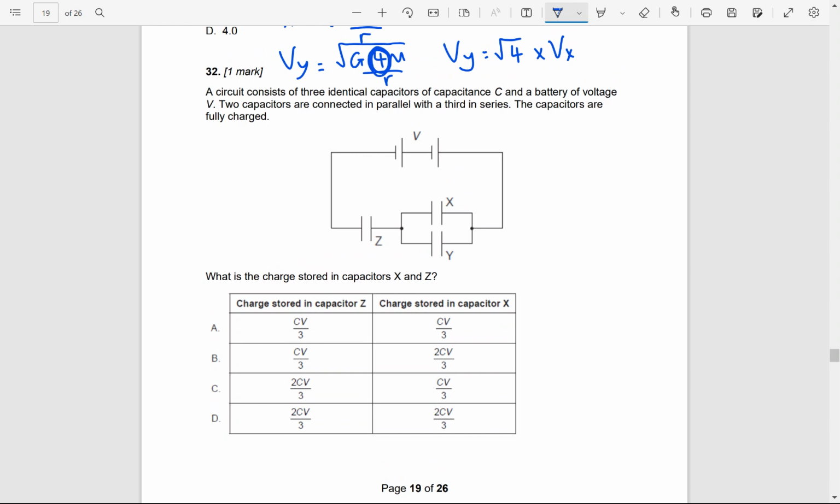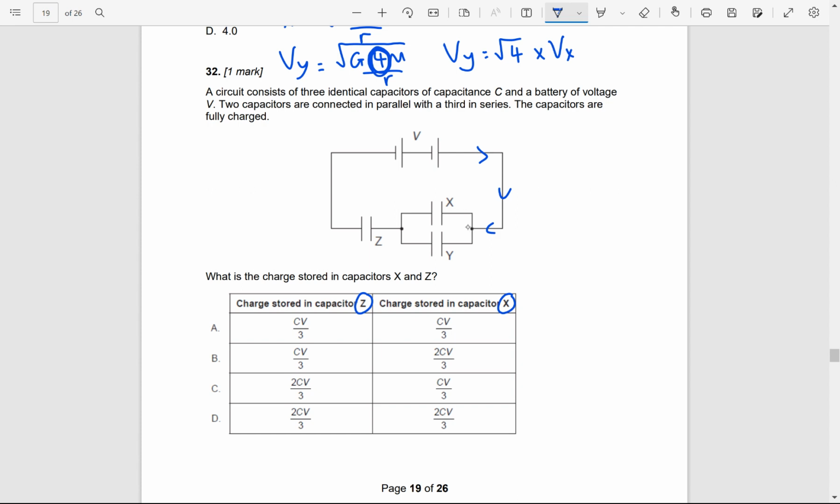Now, question 32. You could do a load of calculation, but the easiest way is to use the simplest link from Year 10 GCSE, what you know about current through series and parallel circuits. Current is the flow of charge, so we can link the current flow through Z and through X to charge stored.